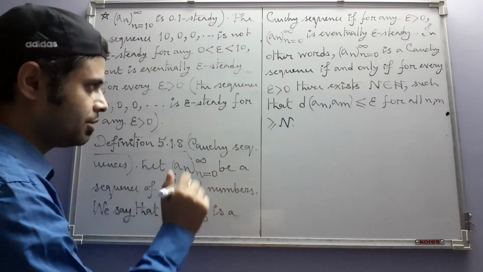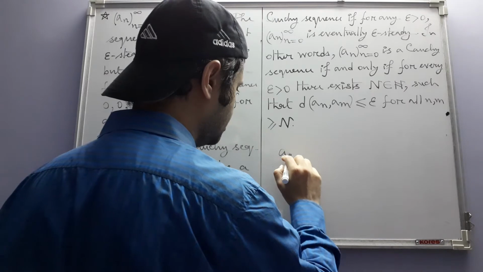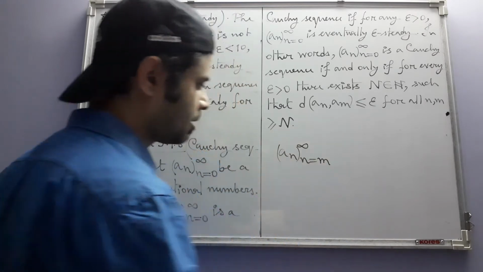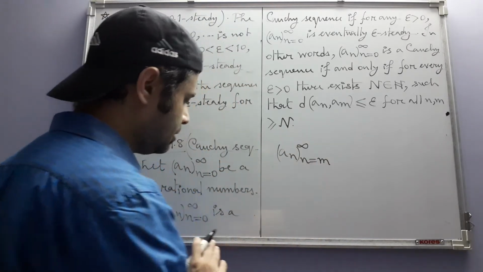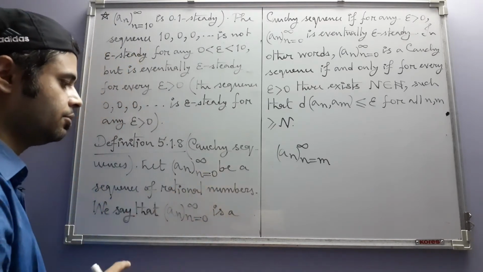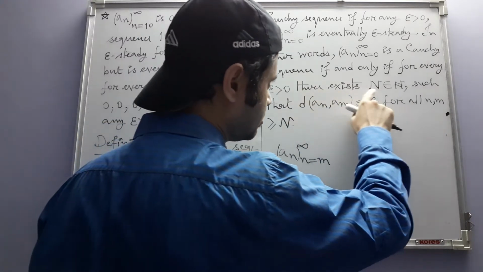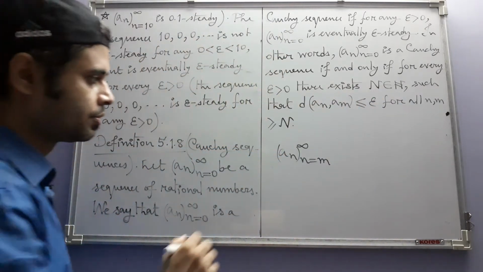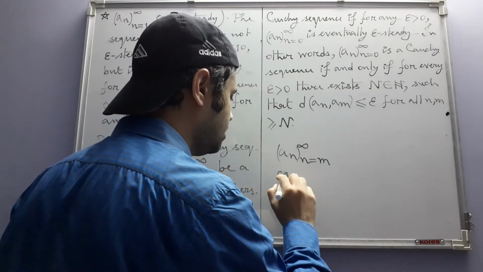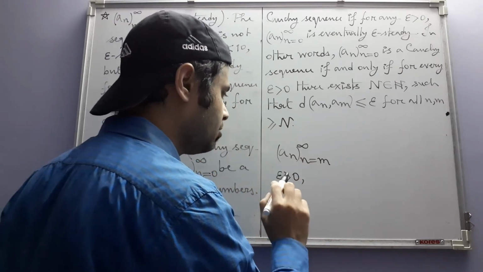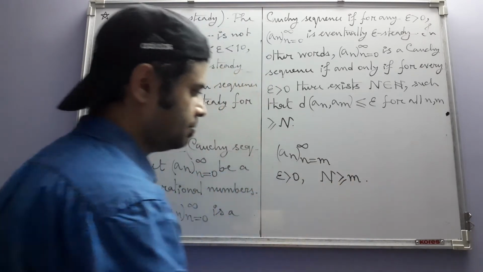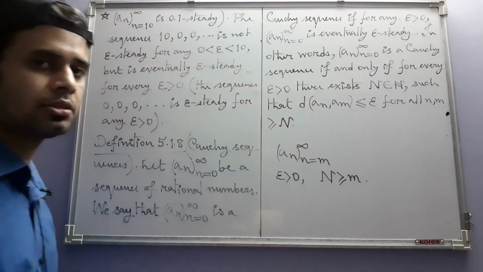If you have a sequence where n starts from m, some given integer, then the definition has to be modified slightly. It's because here n starts from 0 that we have a natural number N. In this case, for every epsilon greater than 0, there will exist an integer N greater than or equal to m such that these conditions are true.